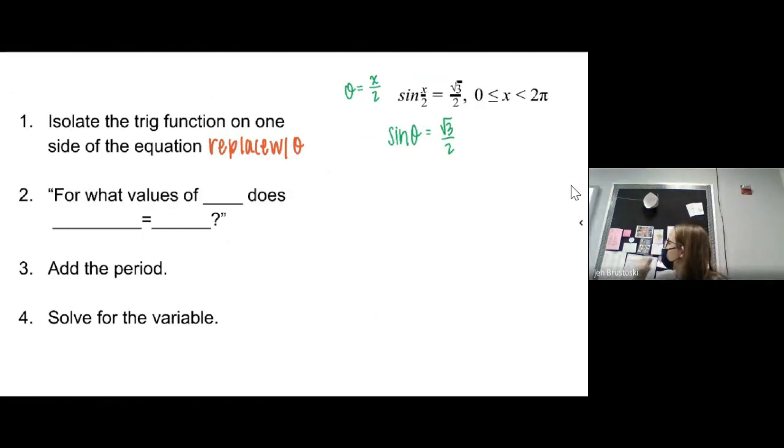All right, so we've replaced x over 2 with theta, and so we have sine of theta equals radical 3 over 2. So we're good there. So we ask for what values of theta does sine of theta equal radical 3 over 2?